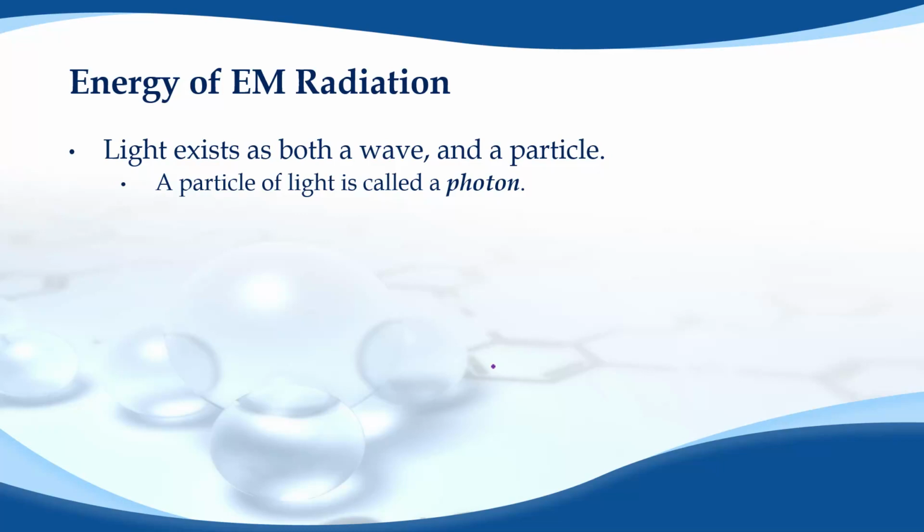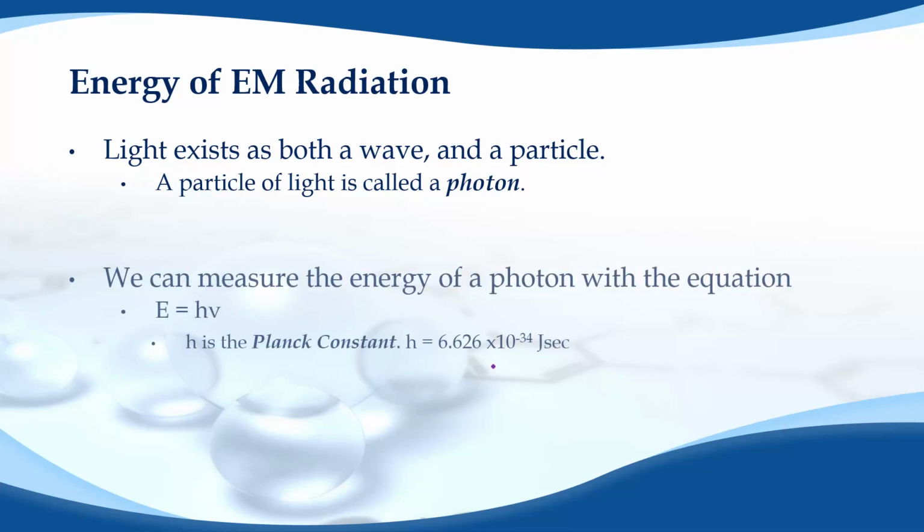All right, the way that we measure the energy of a photon of light is with this equation right here. The energy of the photon is equal to a constant called Planck's constant, which is below, times the frequency. The higher the frequency, the higher the energy. So short wavelength, high frequency, high energy.